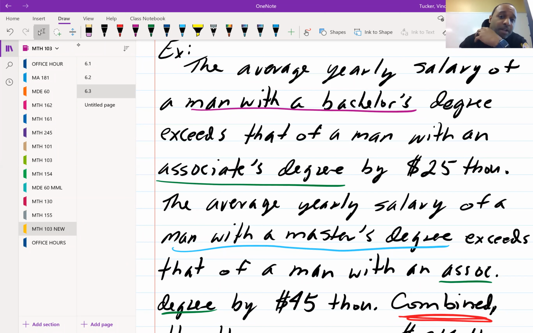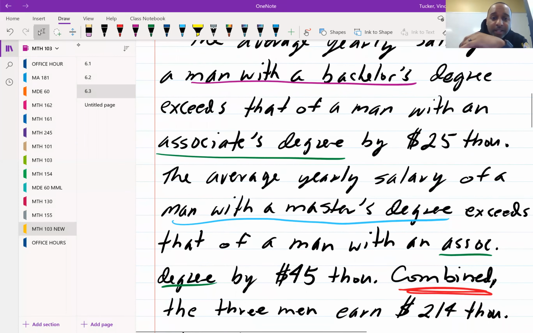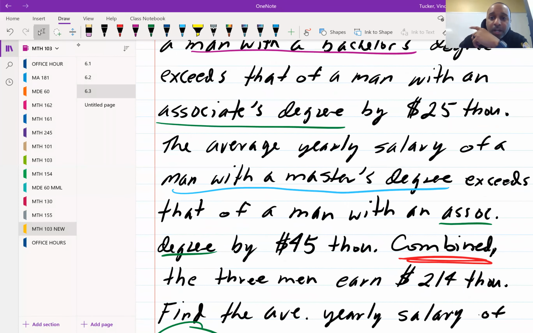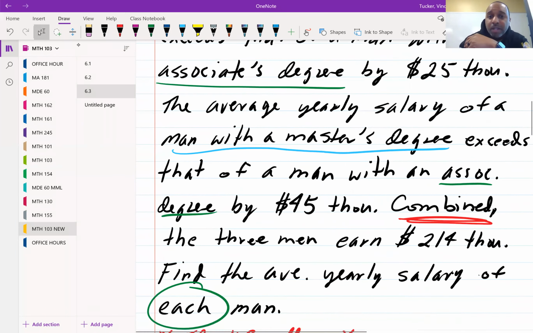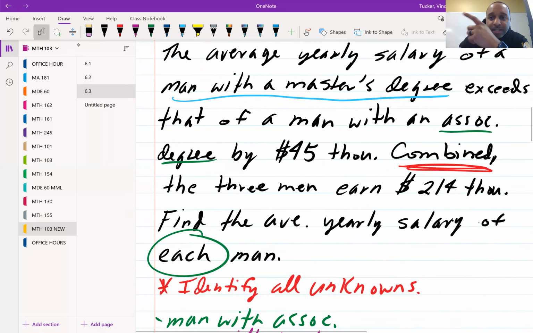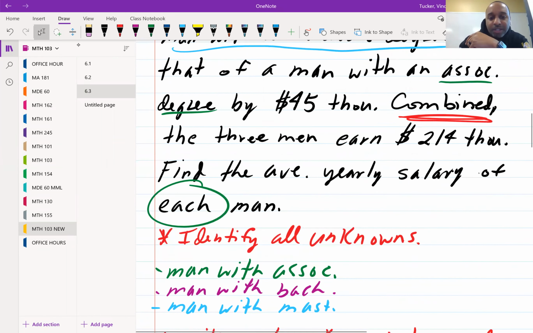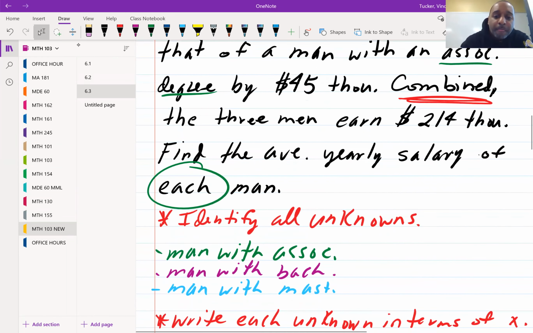You then go to the second sentence, yearly salary of a man with a master's and a man with an associate's. So we have a man with the master's, and then you reference the man with the associate's again. So we have three men going on here. One has an associate's, one has a bachelor's, and one has a master's. Those are our three unknowns.